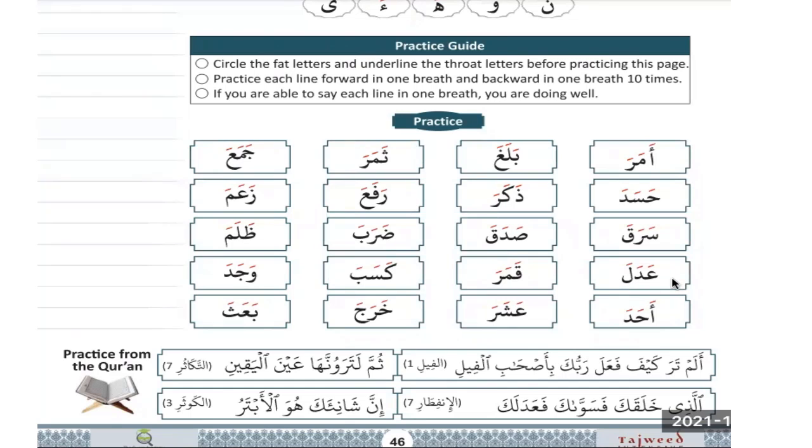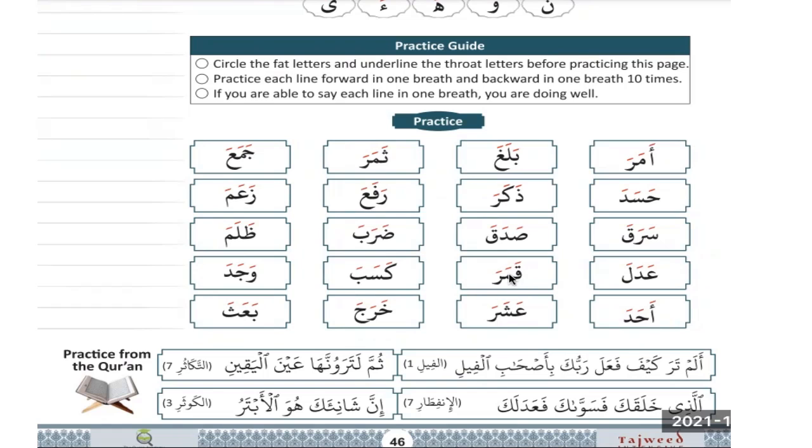So we don't need to make a heavy sound on every letter, only on the 7 letters. Just keep it in your mind. Only 7 letters get a heavy sound, and the rest of the letters all have a very thin sound. So we focus only on those 7 letters. Whenever these 7 letters come in any word, we make a heavy sound.